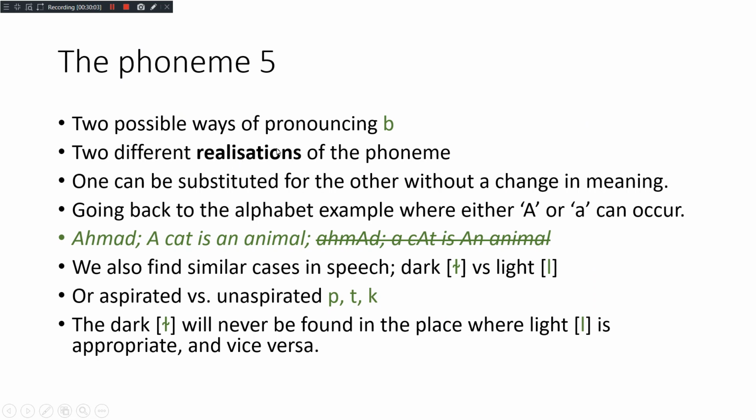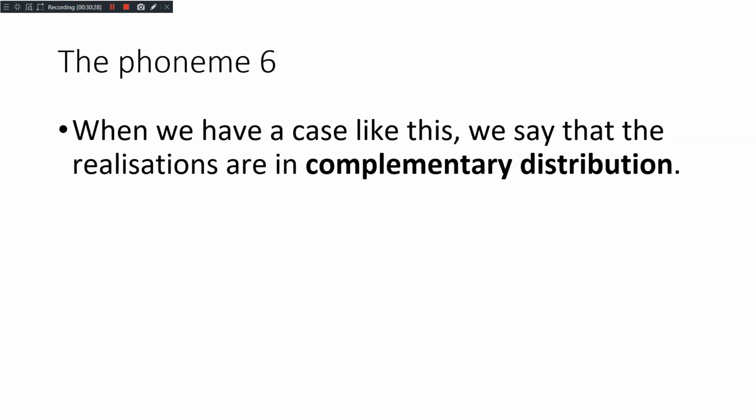We talk about different realizations of the same phoneme or the same sound. The phoneme l can be realized as dark l, like in all, a light l, as in blood, or a devoiced l, which is a different realization or a different allophone.